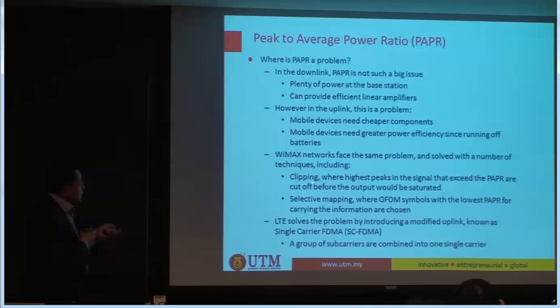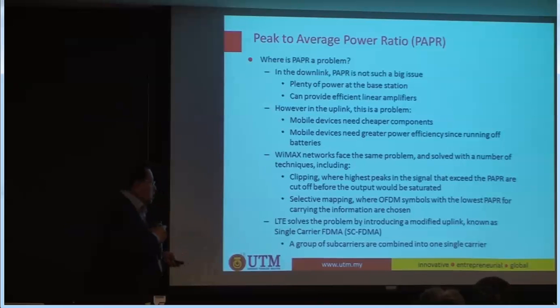They use a peak reduction, or another way is to do selective mapping: you have to select which subcarrier doesn't have a high peak. So LTE solves this problem by modifying it to single carrier FDMA. Now we want to understand what is meant by single carrier FDMA and what is the difference between OFDMA and single carrier FDMA.